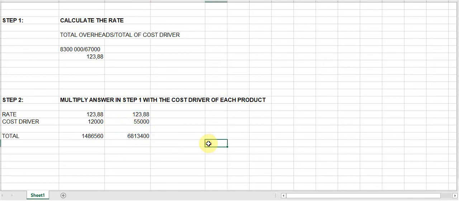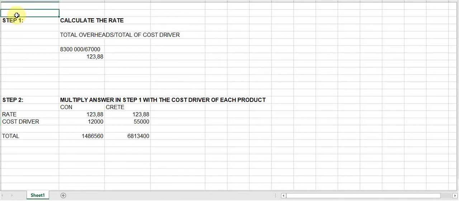So the total for the product, so it's Con and Crete, I beg your pardon. For Con, we are going to allocate 1,486,560 rand. And then for Crete, we're going to allocate 6,813,400 rand. Right, so that is traditional costing.